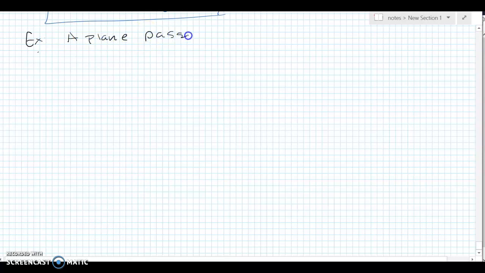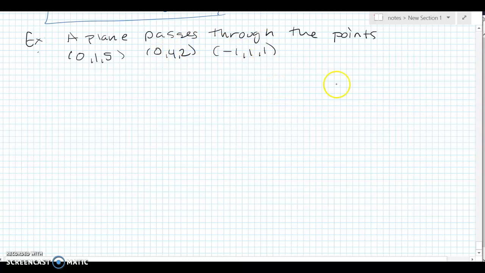A plane passes through the points 0, 1, 5; 0, 4, 2; and negative 1, 1, 1.